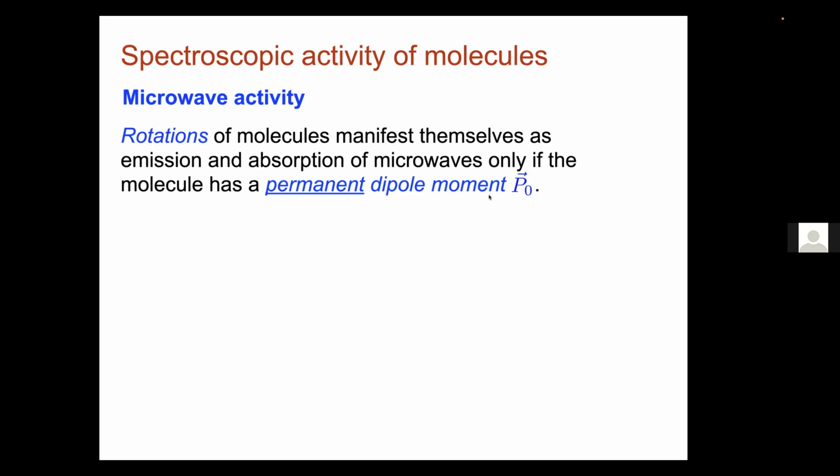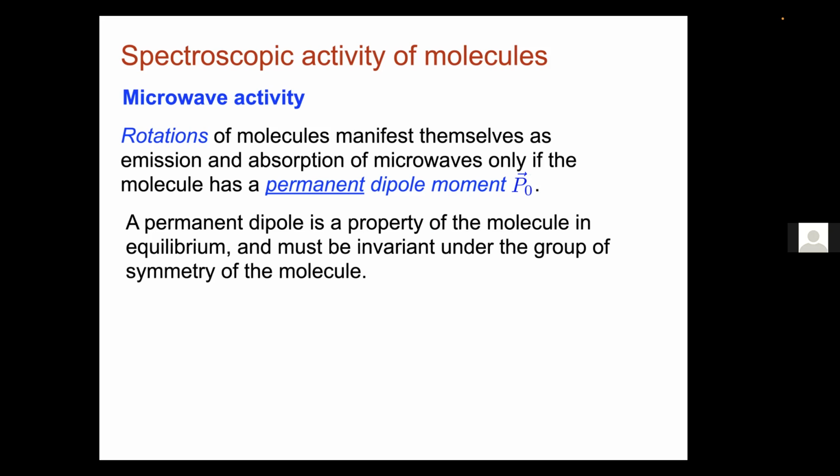So the criterion is very simple. The molecule should have a permanent dipole moment. How do I formulate this from the group theory viewpoint? Well, it's very simple. A permanent dipole is a property of the molecule in equilibrium, and therefore this dipole must be invariant under the group of symmetry of the molecule. Why? Because if it is not invariant, that's not the symmetry group of the molecule.